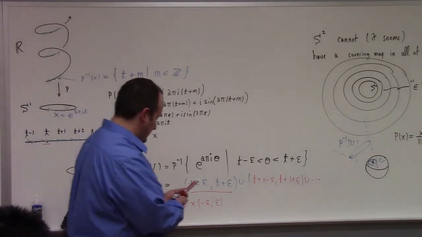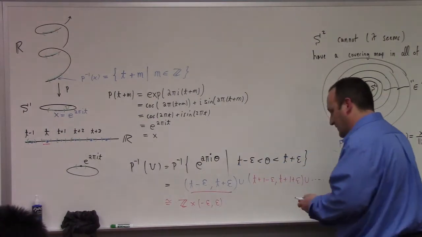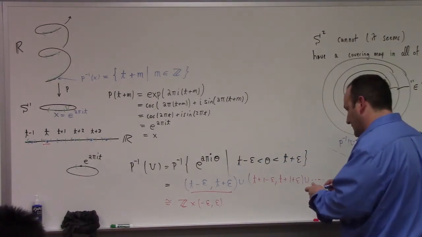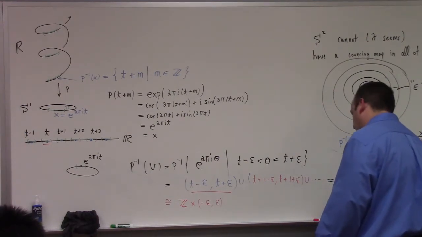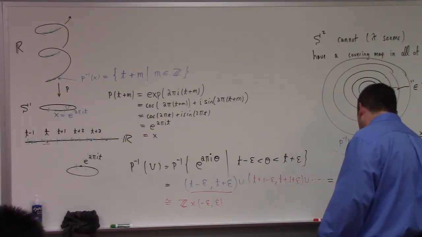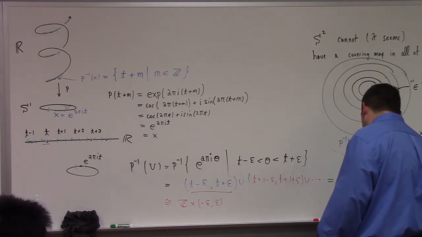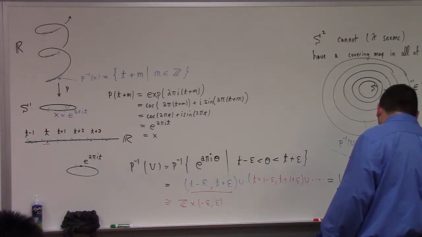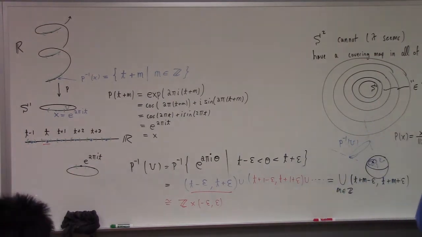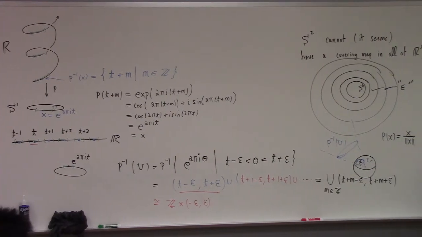I could go more set theoretic on this directly. What would this be? Union over m in the integers of t plus m minus epsilon to t plus m plus epsilon. There you go. It's that.